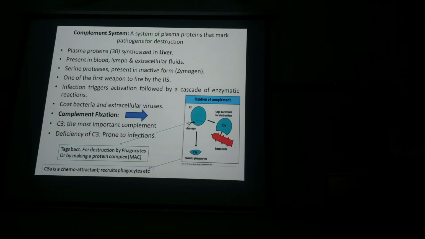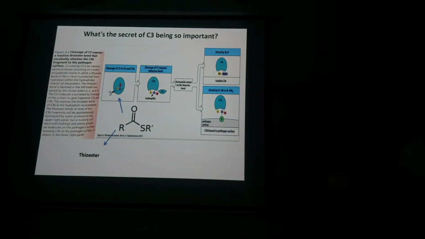And on the other hand, in the absence of this membrane attack complex, which cannot be formed without C3, people would be very prone to develop bacterial infections. And that would be very fatal in many cases.